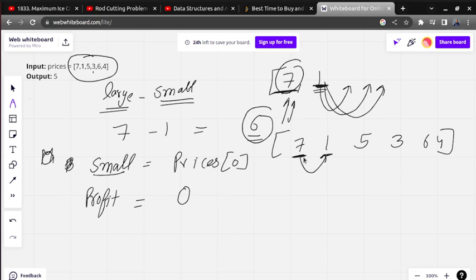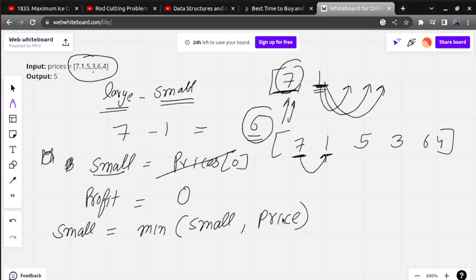This is smaller than the previous one, so we are going to update our small. I can say that small will be the minimum of the current value and the smallest value, because when we come here we want that.